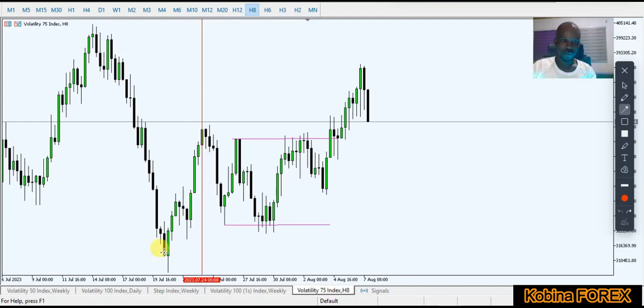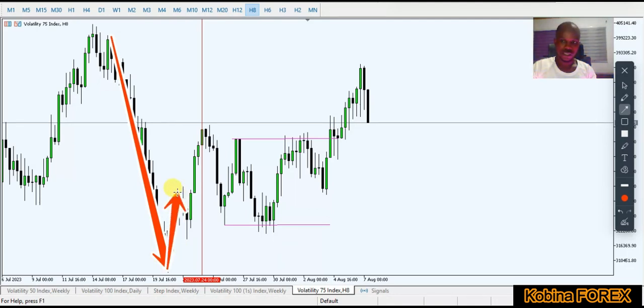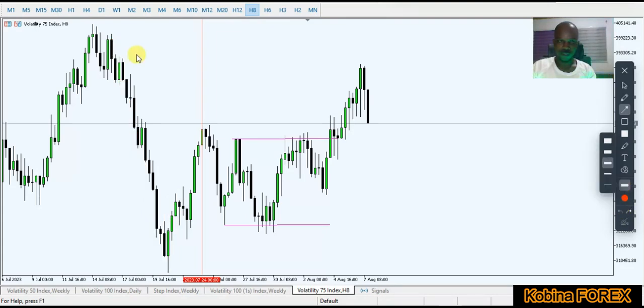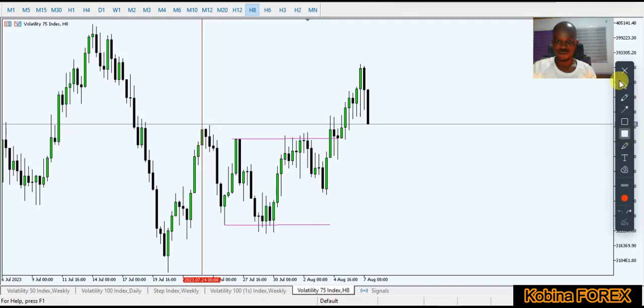So on this account, we have something of this sort in here. We have price rallying from a certain high all the way to this point. Let me use something simple that will make your chart cleaner.